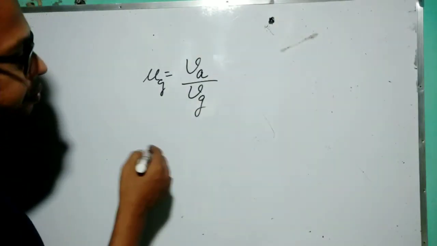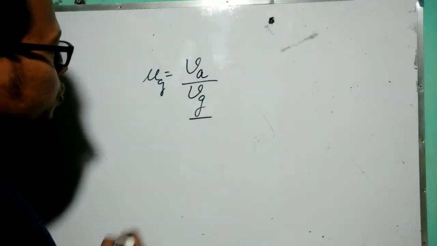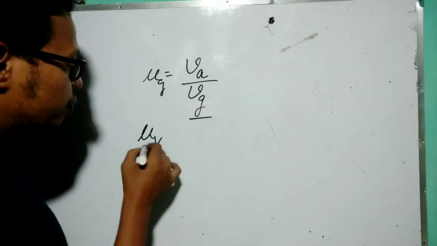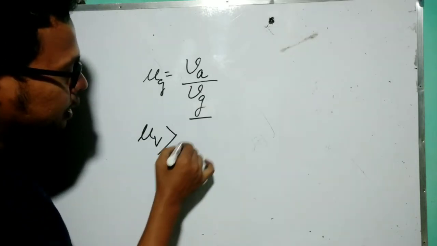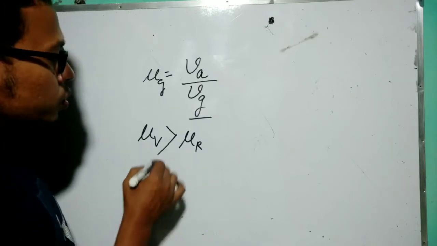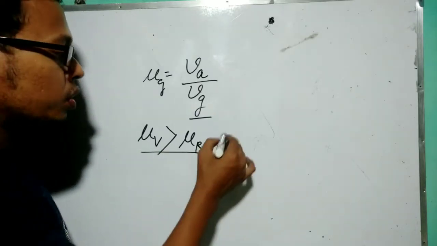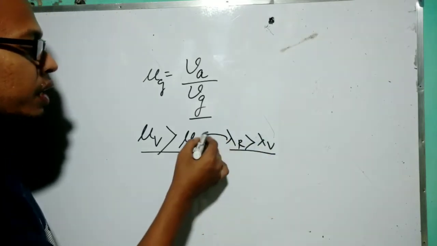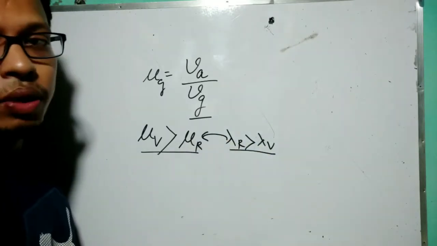So for the medium, we can say mu for violet is more than mu for red. By the wavelength also we can find the relation, because lambda R is greater than lambda V. So from here we find mu V is greater than mu R also.